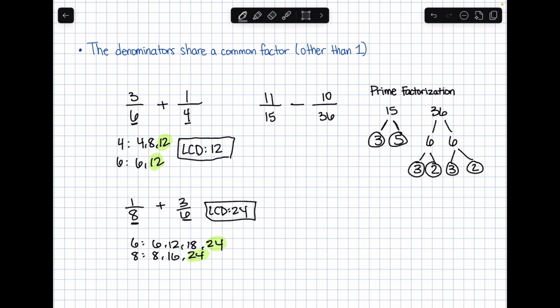Now that I've got all of my prime numbers here, I'm going to list them out like so. I'm going to do 3 times 5 would equal 15. And for 36, 3 times 2 times 3 times 2. I'm just listing all of these numbers that I've got in each of my rows here.